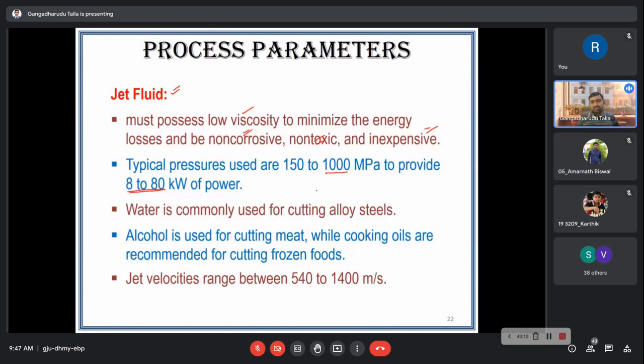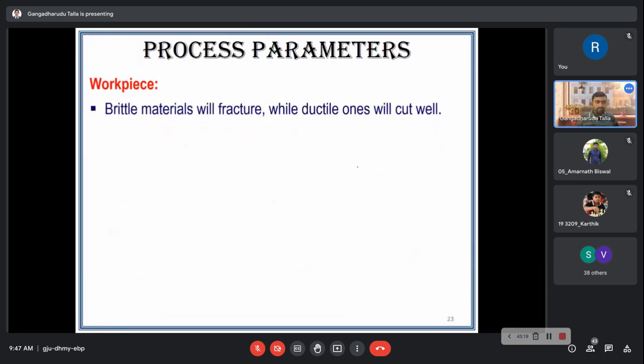Now jet velocities range between 540 to 1400 meter per second. We have seen this again and again. Now coming to the workpiece, brittle materials will fracture while ductile ones will cut well. So water jet machining is more suitable for ductile materials.